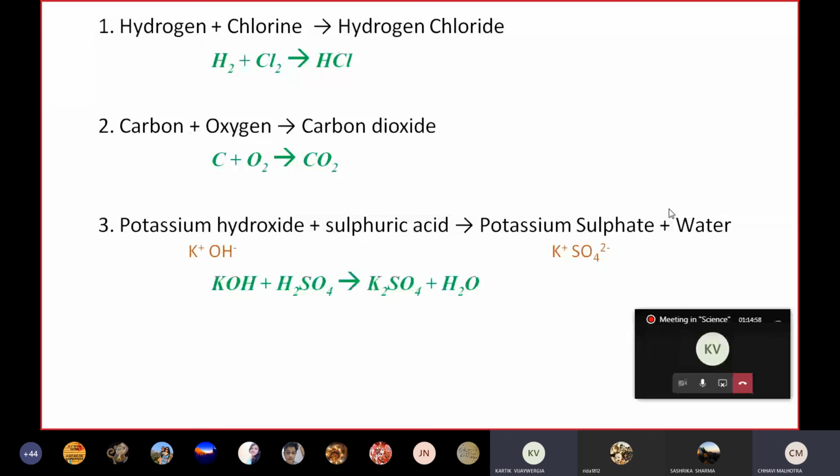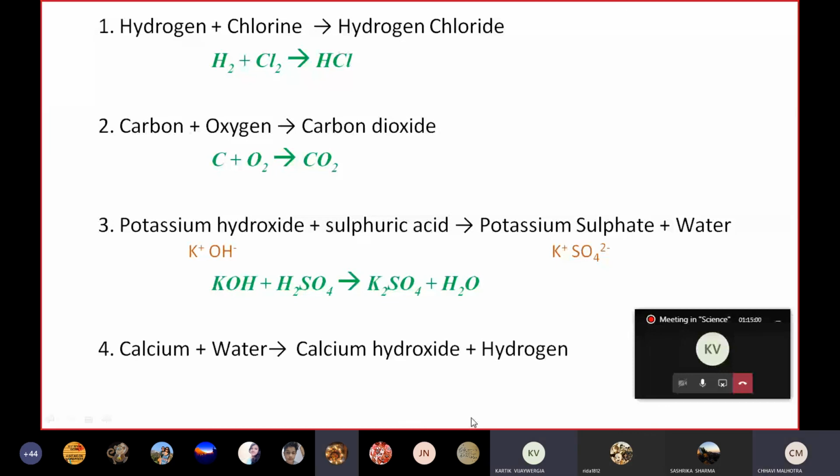Yes, tell me, Yash. Ma'am, Ca plus H2O arrow CaOH plus H2O. Beta, calcium hydroxide. What is the valency of calcium? Calcium is Ca2 plus. Valency is 2. The formula for calcium hydroxide was wrong.